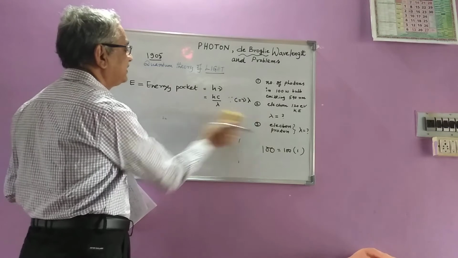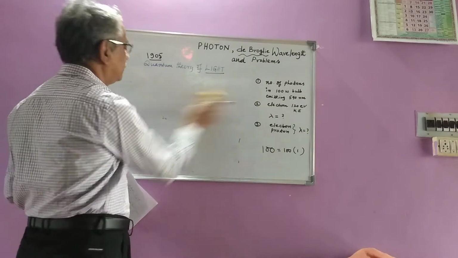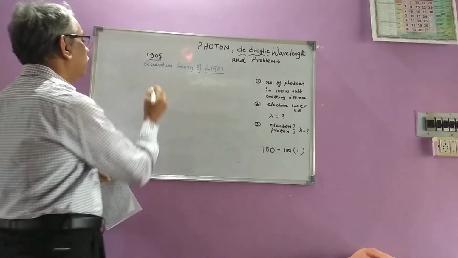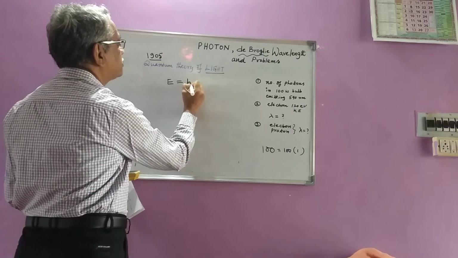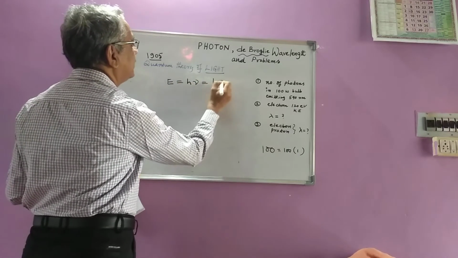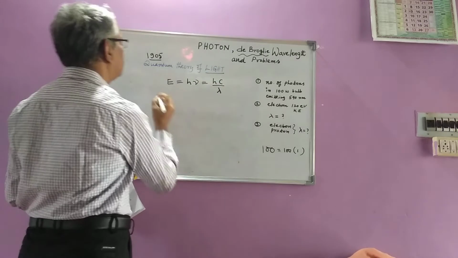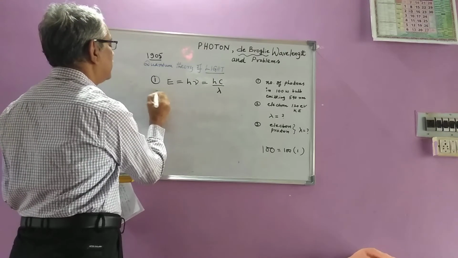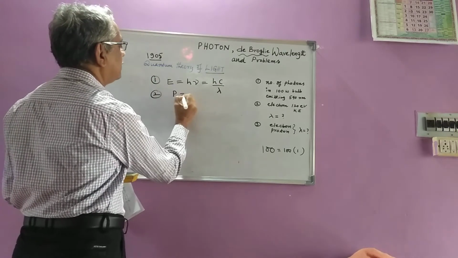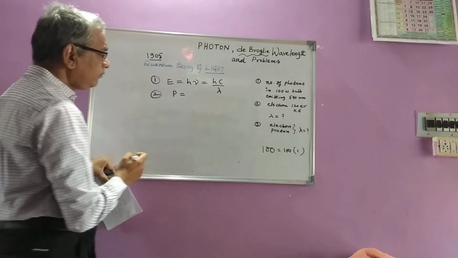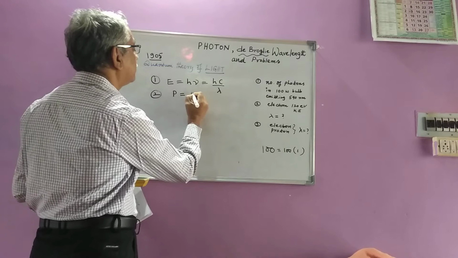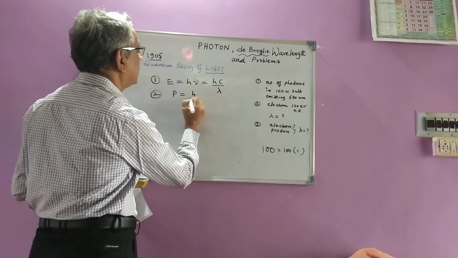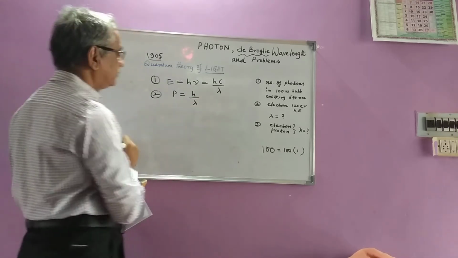Now we have got basically one formula, E is equal to h nu or hc by lambda. And the second formula, we got P is equal to h by lambda.